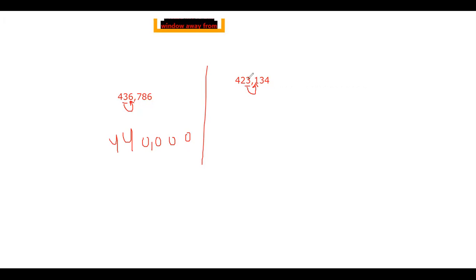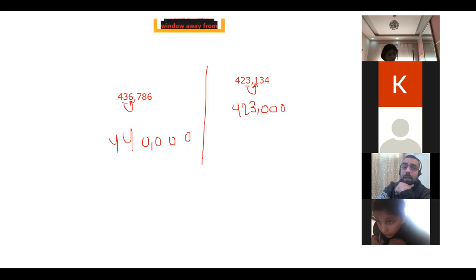So we won't add anything here. So that will stay a 3, and everything after it will be 0. So that number will be 4, 2. Now the 3 will stay 3 without changing. Okay? And everything after it will be 0. Okay? You see that?